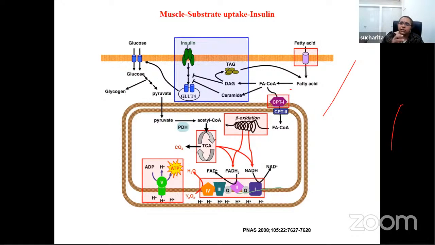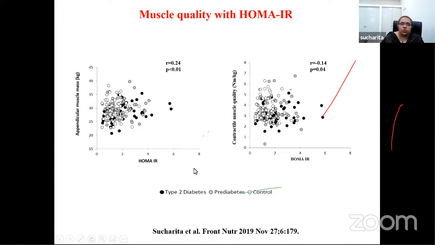So the metabolic function is related to mechanical function if you are able to perform substrate intakes and also the mitochondrial functionality. So if there is an insulin resistance, there is alteration in a lot of uptakes of both glucose and fatty acids.